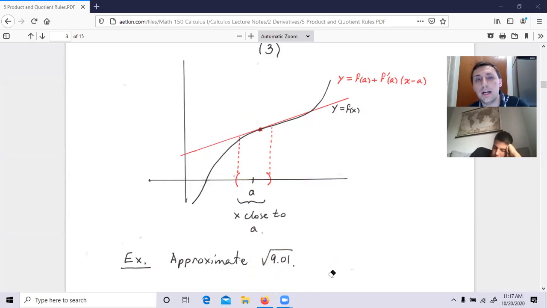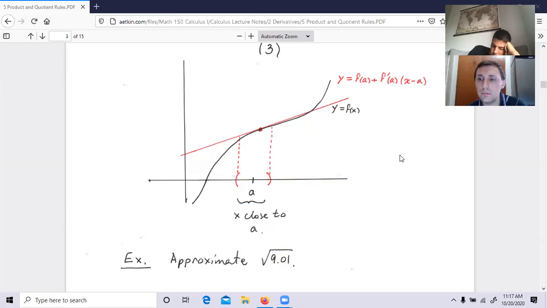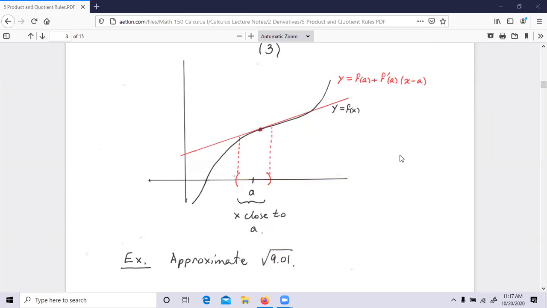For example, at 9 it's extremely easy, but this number is not 9, it's just close to 9. So what do you think I will do? Yes, approximate it at 9, but not quite that. I will use the linear approximation.